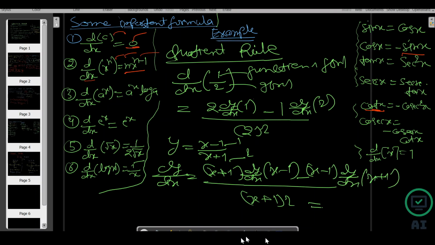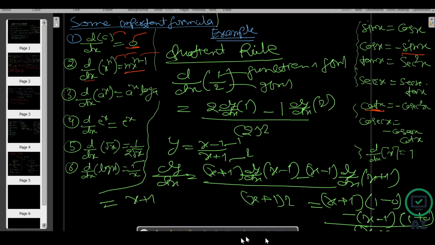So if you differentiate it, x plus 1 times dy by dx of x minus 1 is x plus 1 times 1 minus 0, then minus x minus 1 times dy by dx of x plus 1, where x differentiation is 1 and constant is 0, over x plus 1 whole square. So if you take this, x plus 1 minus x minus 1 over x plus 1 whole square. If you solve this, this will be cancelled, and this will be 2 over x plus 1 whole square. So this is the answer for this one.